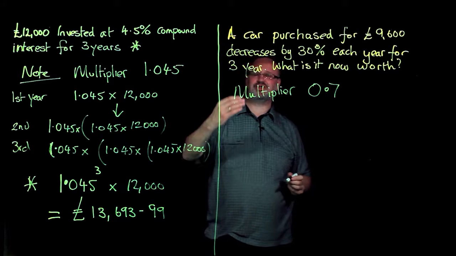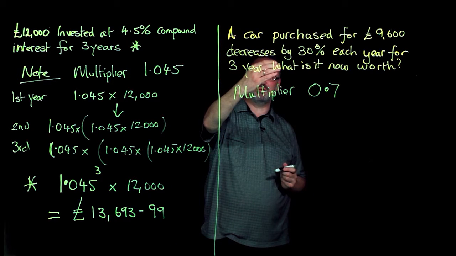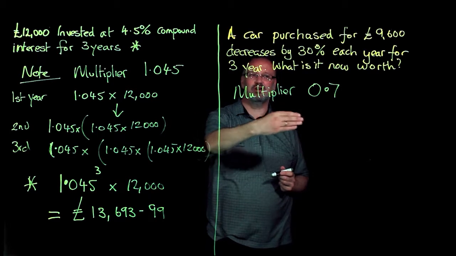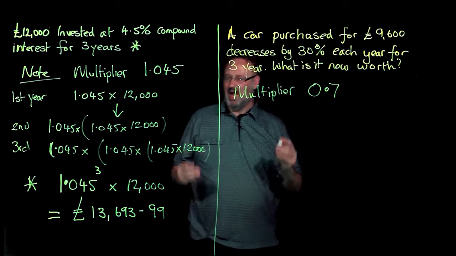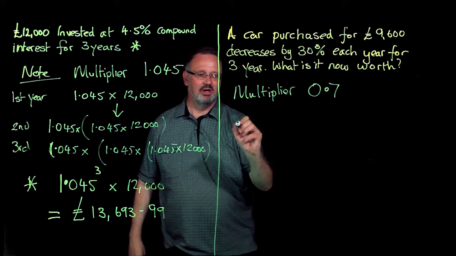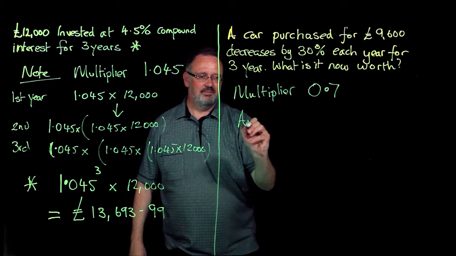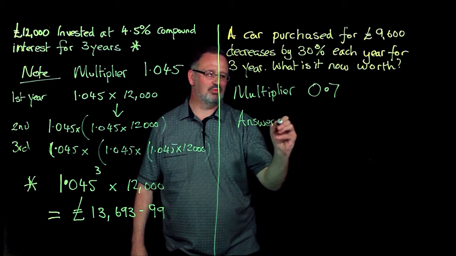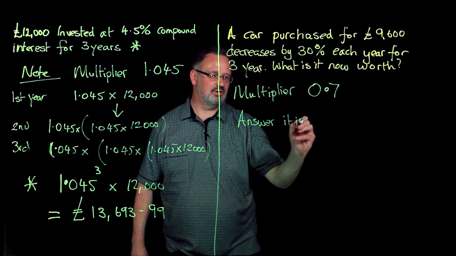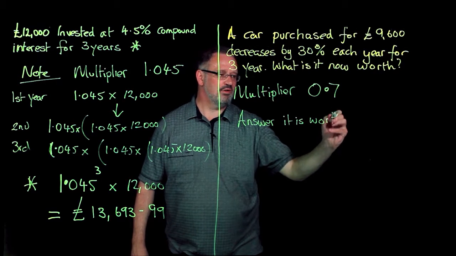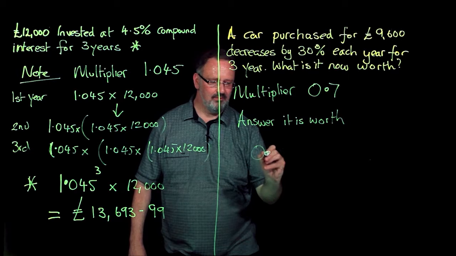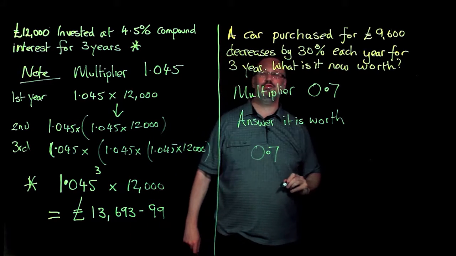I found that by saying decreasing by 30%, 30 away from 100, gives me my multiplier of 0.7. And similarly now, the answer of how much it is worth is going to be my multiplier to the power of the number of years.